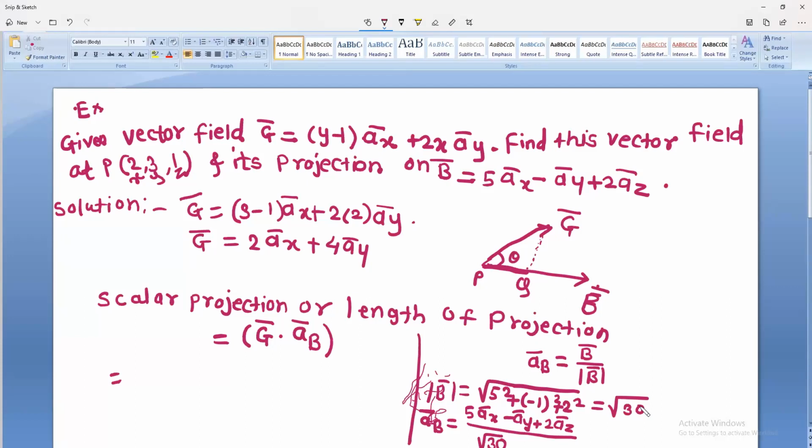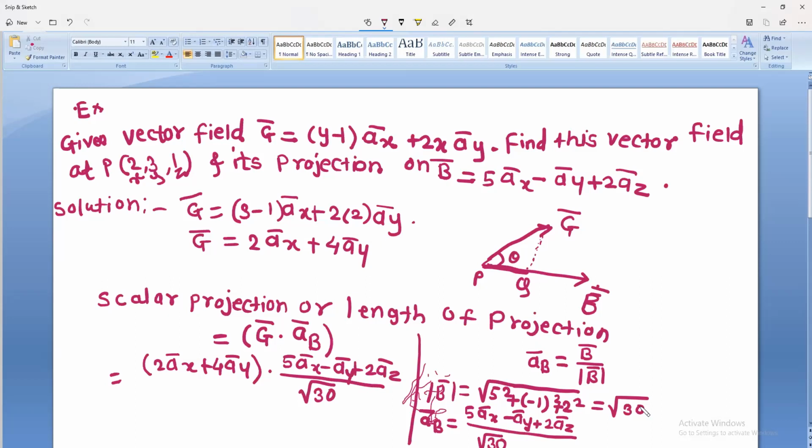in this equation. Now we have to find the scalar projection G bar dot A bar B. What is G bar? G bar is equal to 2 A bar x plus 4 A bar y, dot this A bar B. A bar B is equal to 5 A bar x minus A bar y plus 2 A bar z divided by square root of 30.